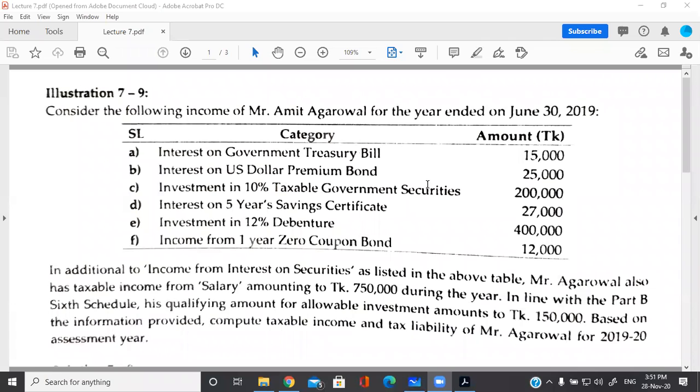I think you have not forgotten that we mentioned the 6th schedule regarding the source of all investment allowance items, which have been listed in the 6th schedule. Based on the information provided, compute taxable income and tax liability for Mr. Agarwal for 2019-20 assessment year.